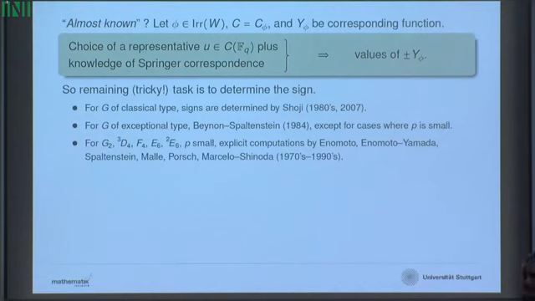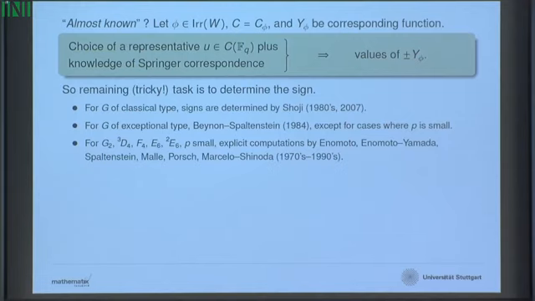And of course, as I said, this theory exists since the middle of the 1970s. There has been a lot of work on this. For example, Shoji, in several articles, the last of which in 2007, where he dealt with classical groups in characteristic 2, which is always a troublemaker for classical groups, he determined all these signs.